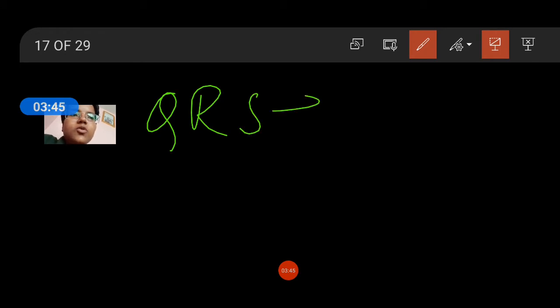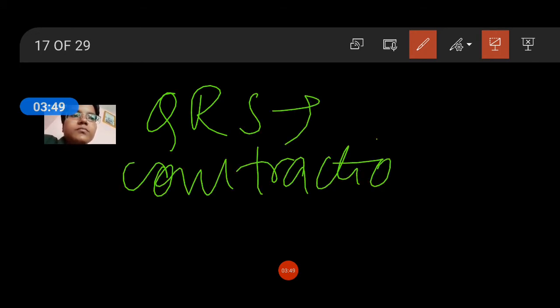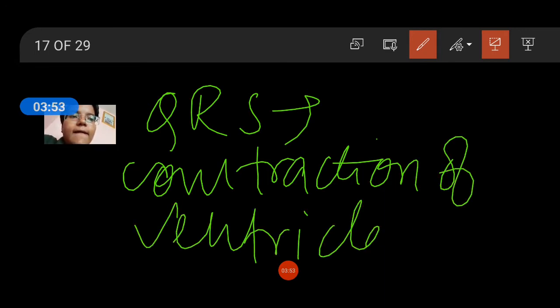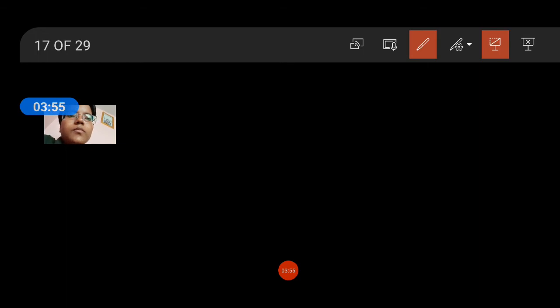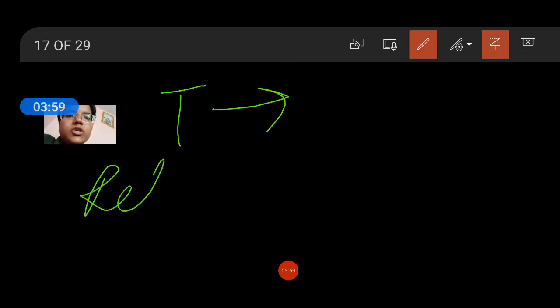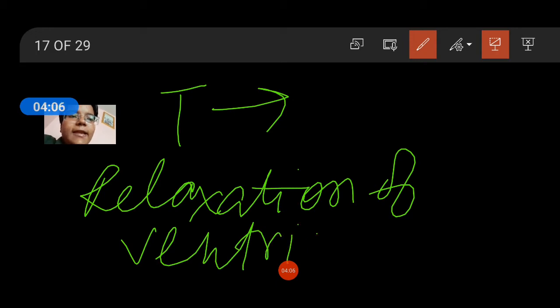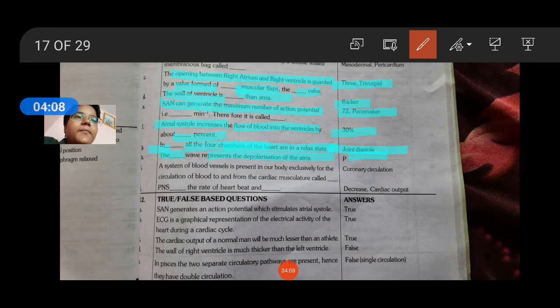QRS represents contraction of ventricles. T represents relaxation of ventricles and end of systole. Okay.